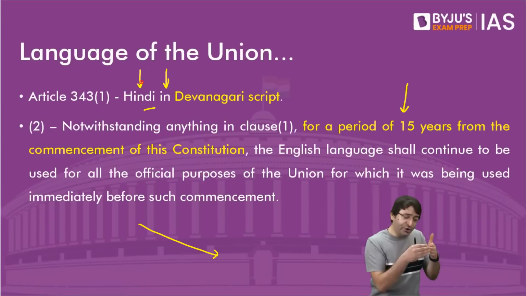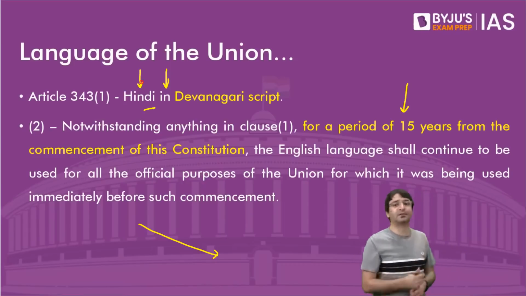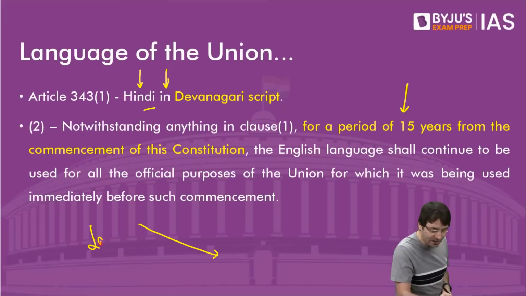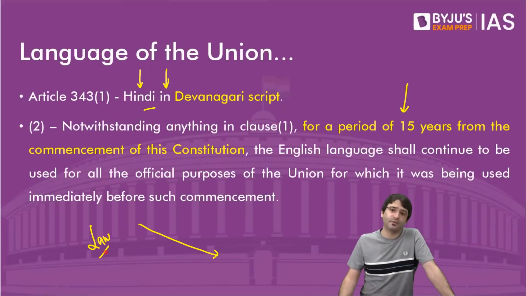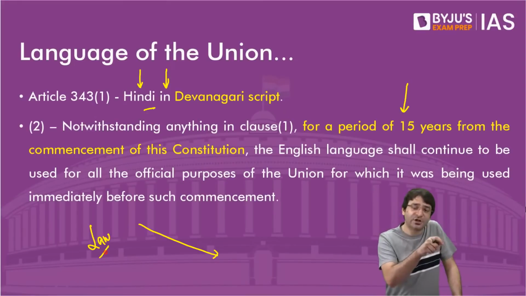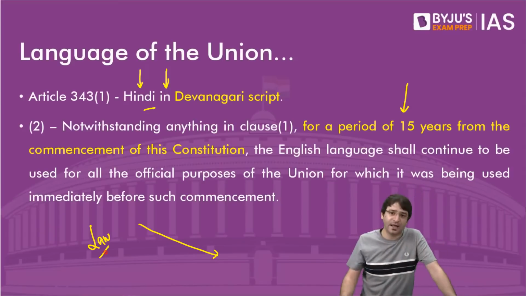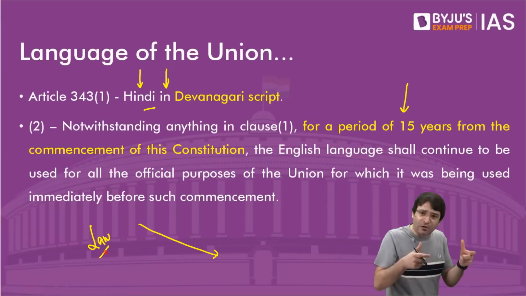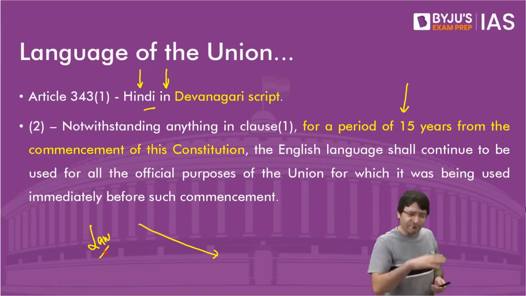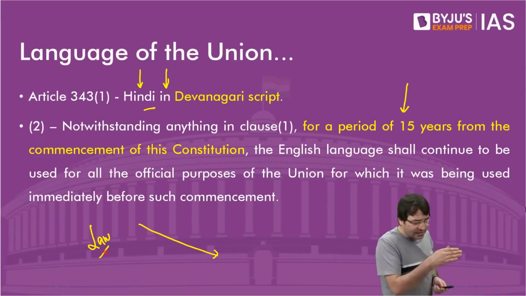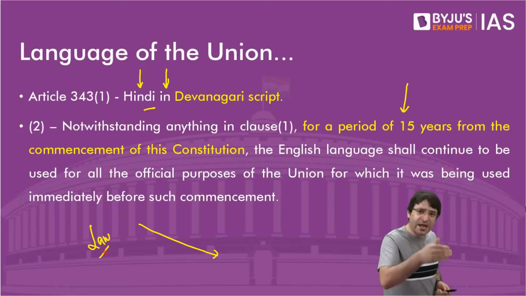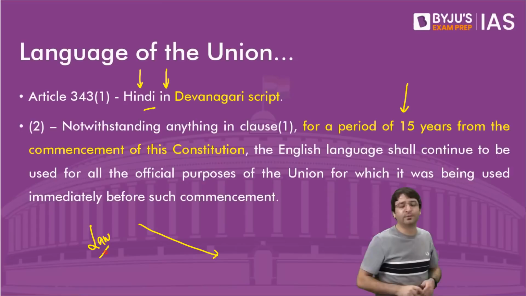Can English continue beyond 15 years as well? Yes. For that, parliament can make a law. And this law shall not be deemed as an amendment to the constitution. That means parliament can enact a law, and through this law say, forget about the expiry of 15 years. Even beyond 15 years, we can have English continuing as the official language of the union.